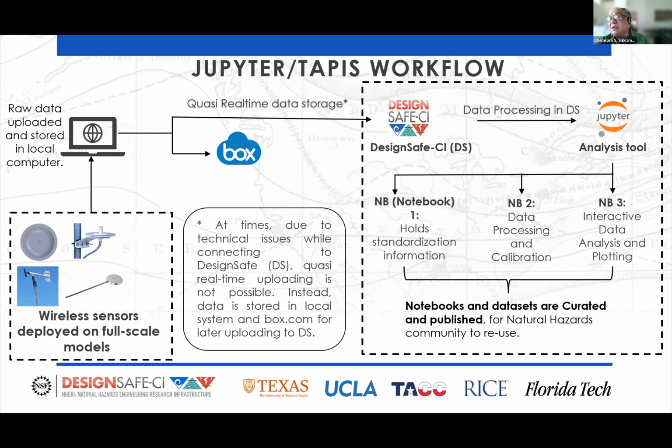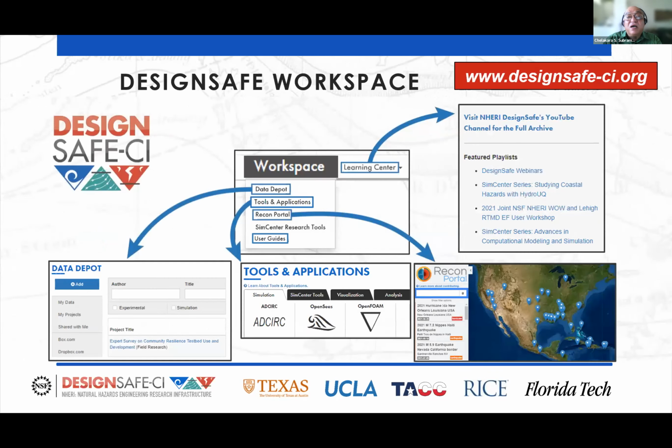You process the data, and some of the simple analysis we do in notebook 3, like time series display of the data, and we can do some plotting, such as the plotting of the wind speed versus pressure distribution for any location on the roof or vertical wall or a component. So these features already have been developed and exist, and Soundarya is going to show whether this can be adapted to other applications.